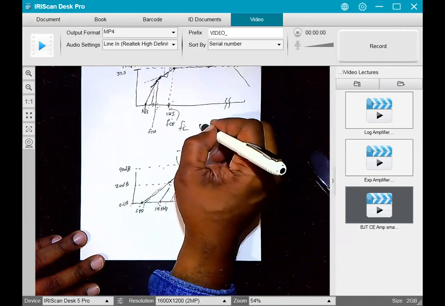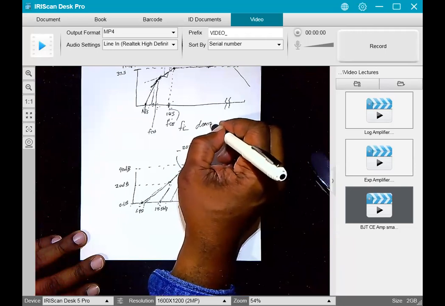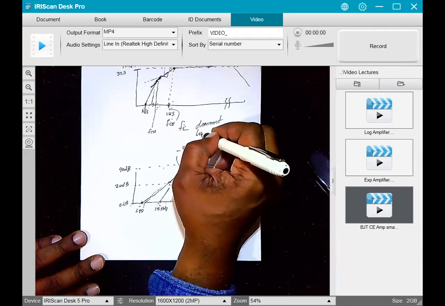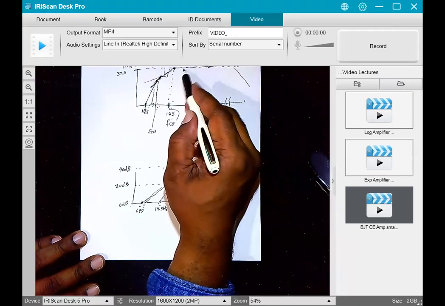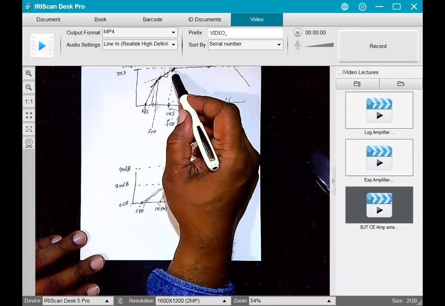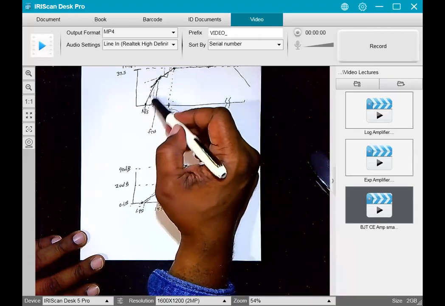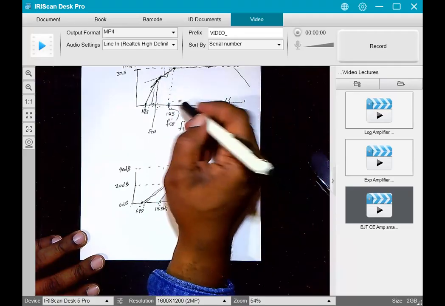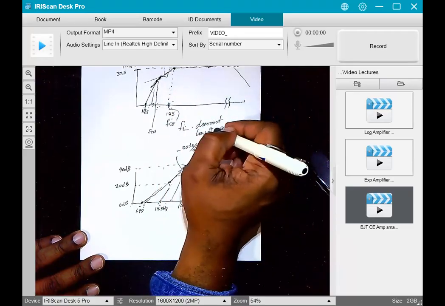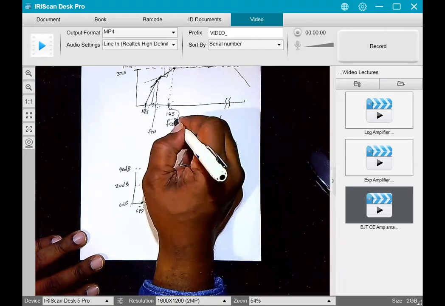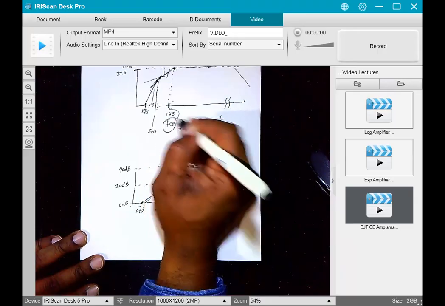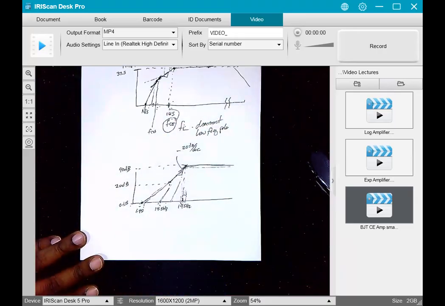And that is our dominant low frequency pole. Dominant because it kicks in first. And then we have these other poles that'll kick in. They'll change the shape further out here. So our F sub L is our dominant low frequency pole. And in this case, for this particular amplifier configuration, is usually caused by your C sub E capacitor. That's your low frequency pole.